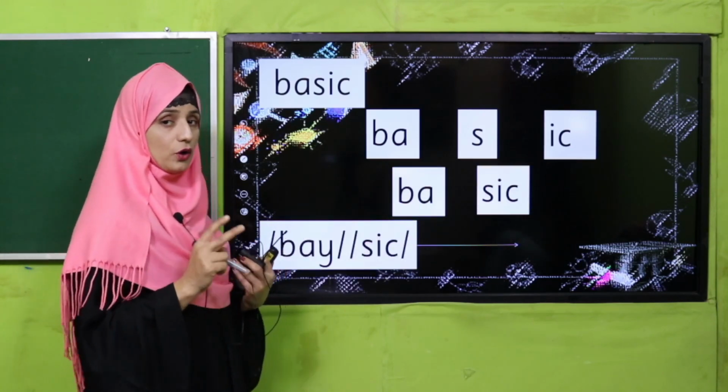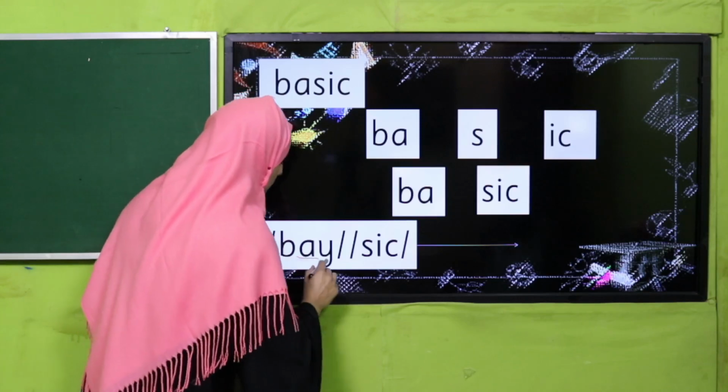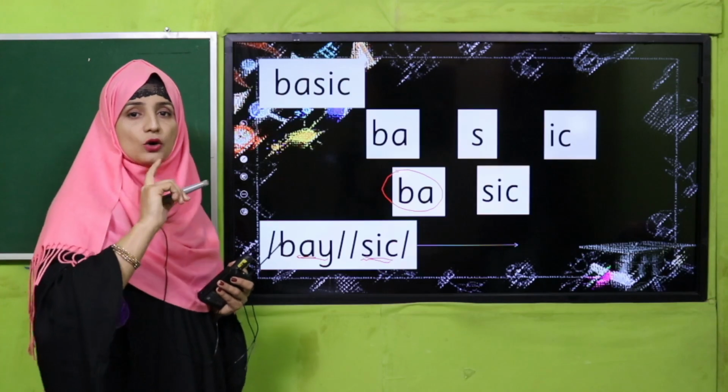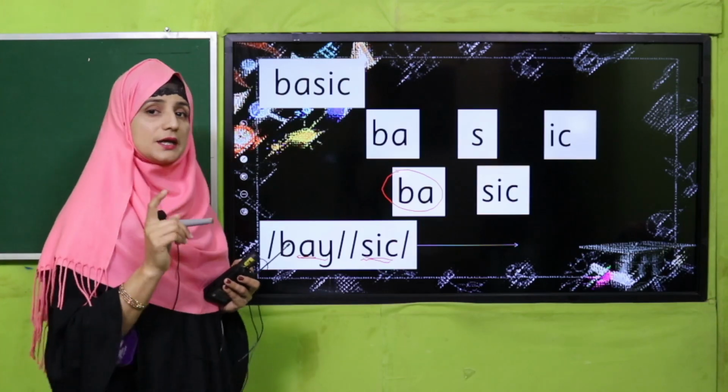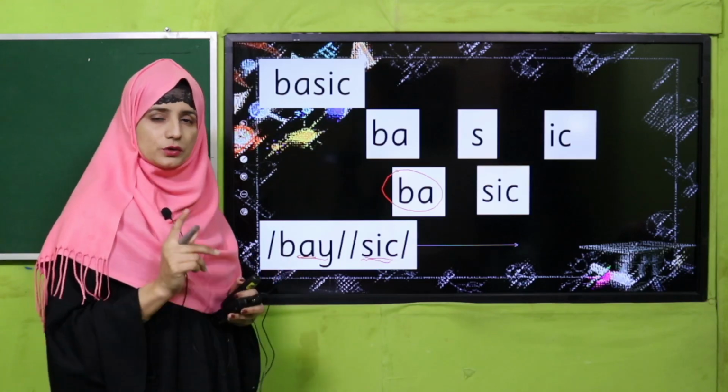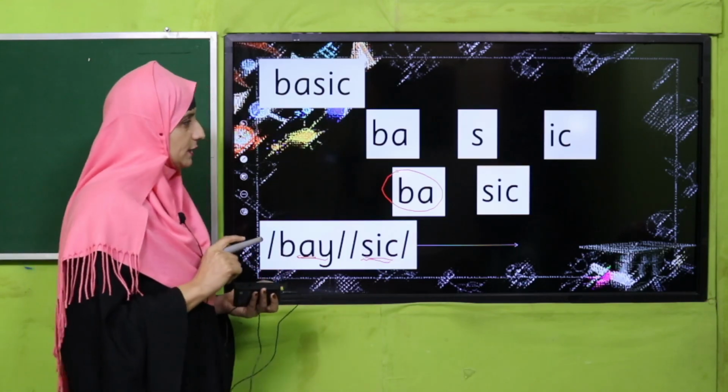Good, we have got 2 syllables. Ba-sic, ba-sic. So this is giving us a separate sound. You can move your tongue while reading a word, then automatically you will get its syllables according to their vowel sounds. Have you got that?